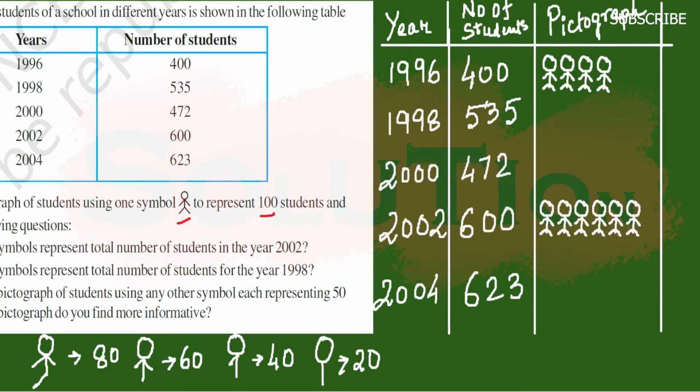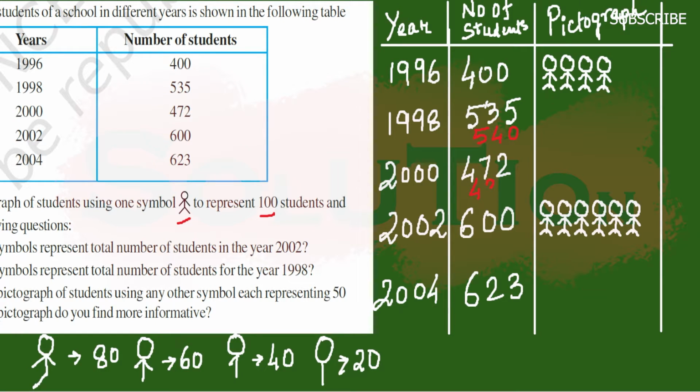So what we can do is convert these to the nearest tens, and for that we can consider the same way we do our data. So for 500 we can use these 5 human beings. But before that we have to represent it, and we have to make it the nearest 10. So 535 we can make 540.